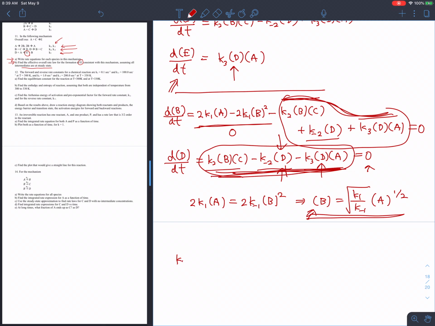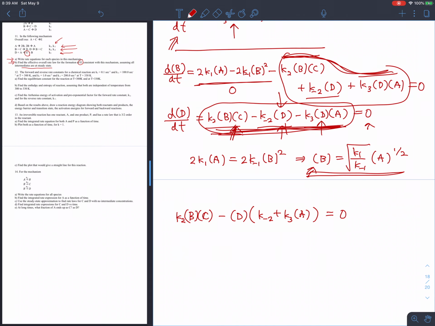So k2 times B times C minus D times (k minus 2 plus k3 times A) is equal to 0. That's just rewriting this equation up here.